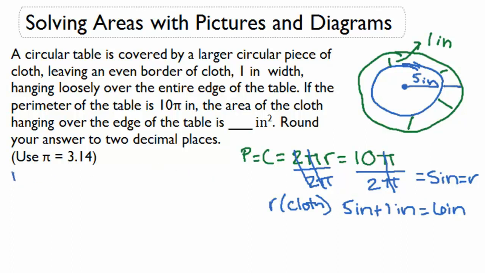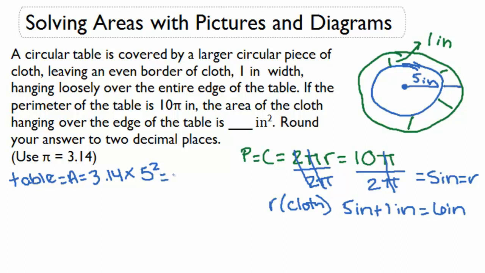So, the area of the table is equal to 3.14, which is what we're using for pi, times the radius squared. So we're going to do times 5 squared, which is the same as 5 times 5.